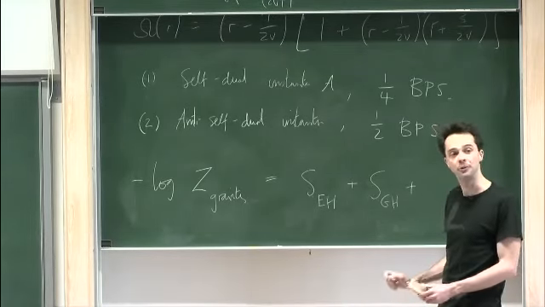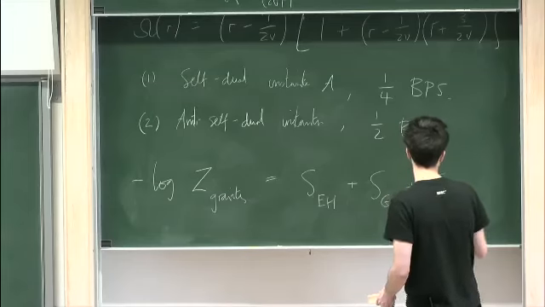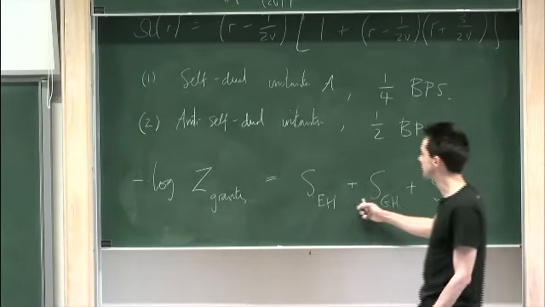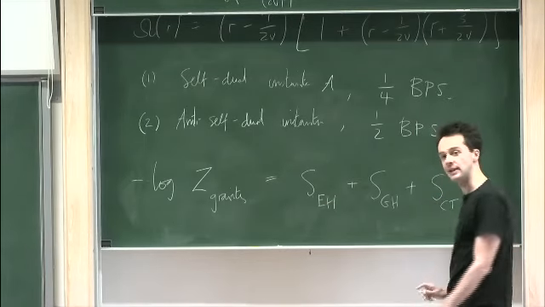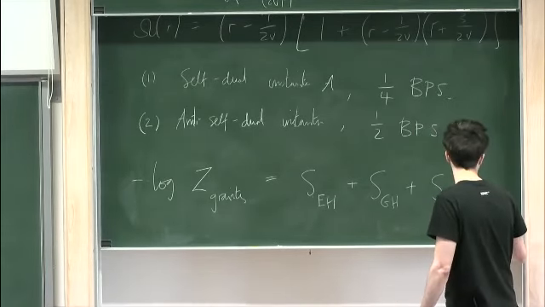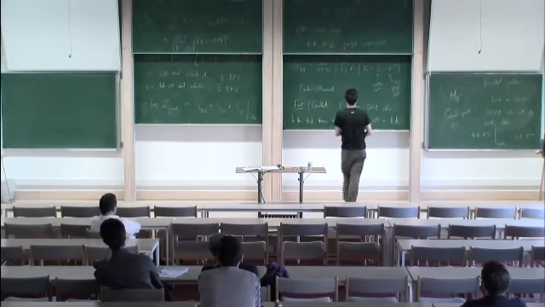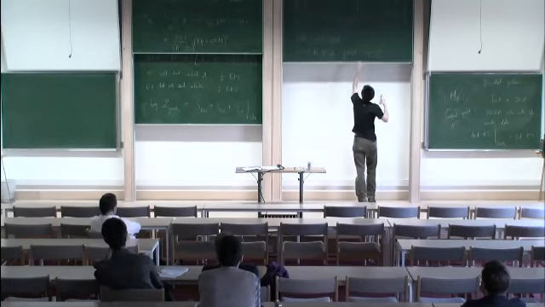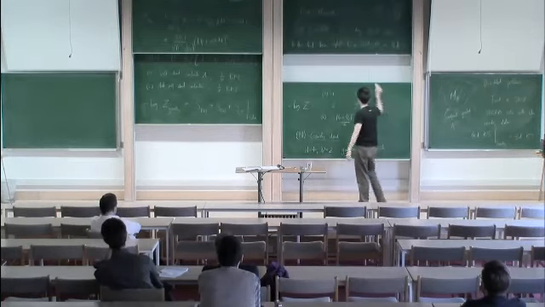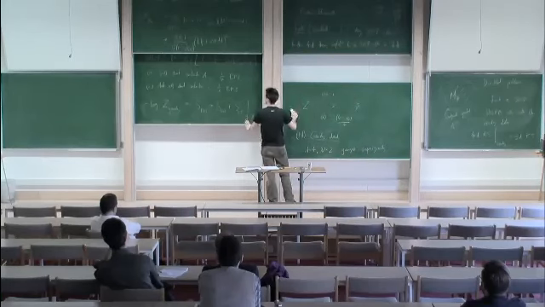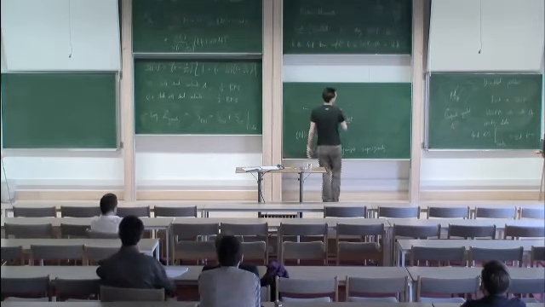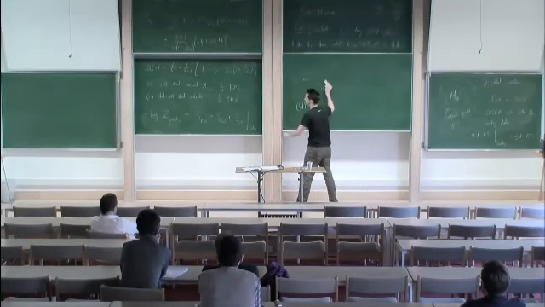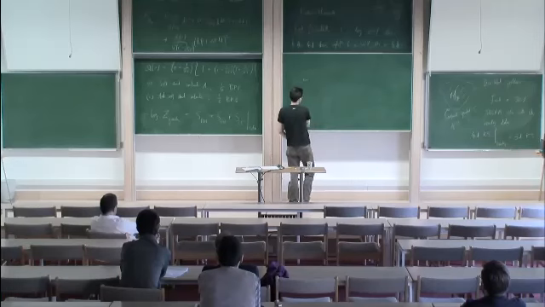There are some boundary counterterms that you add. So there's S counterterm, which are the unique counterterms that you can add to make this finite. And you take all of that and you evaluate it on the solution. Okay, so I've just told you a supergravity solution. There's the metric. Okay, I didn't write down the instanton, but I could. And you take all of that, you plug it back into the Einstein-Hilbert action. There's a Gibbons-Hawking term to compute. There's some counterterms to compute.